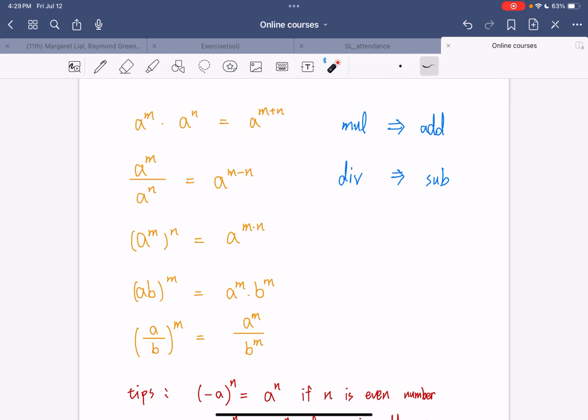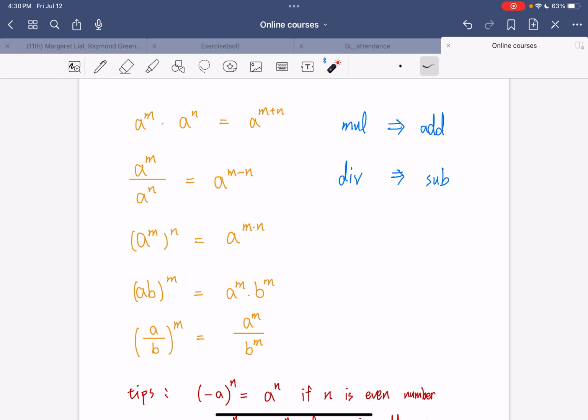And a with power of m divided by a with power of n will become a with power of m minus n. And a power of m in brackets, to the power of n, will become a with power of m times n. I believe you guys can understand what I'm talking about.